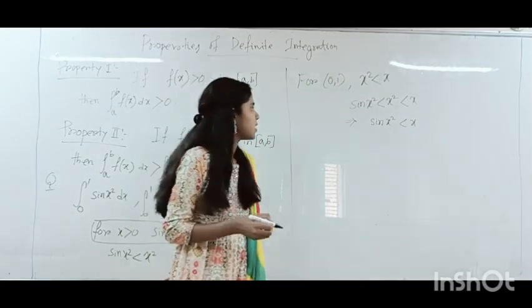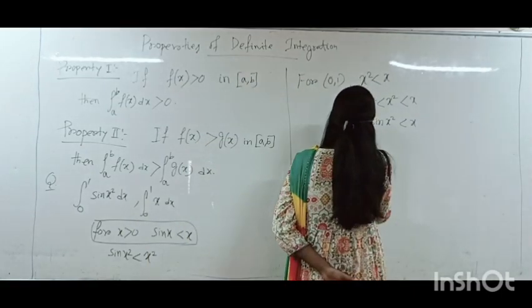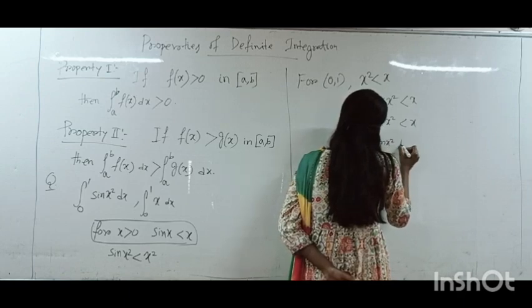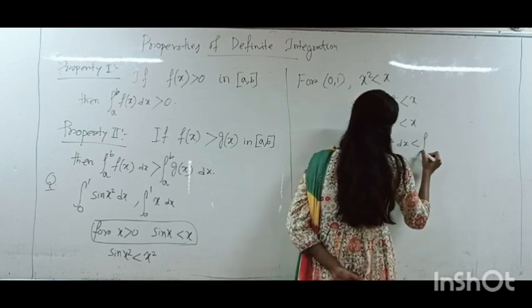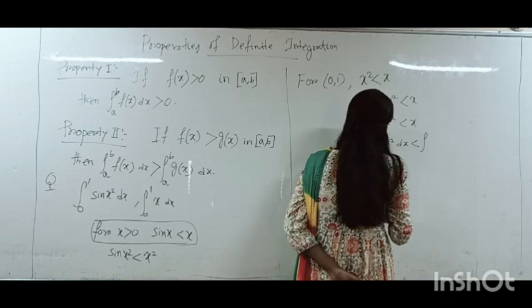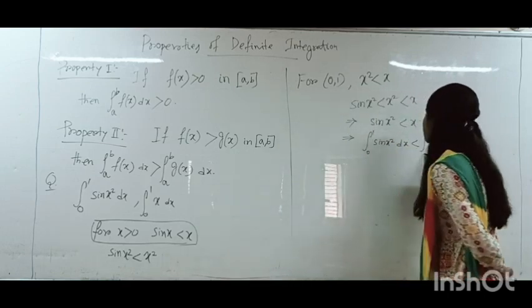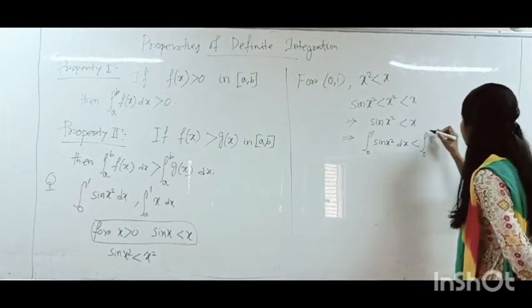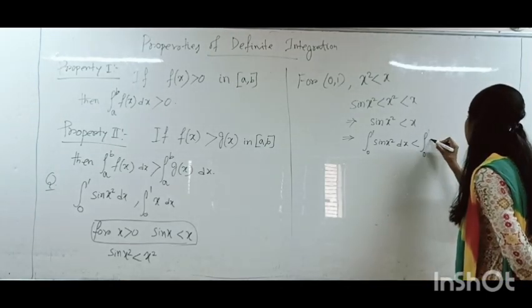Now we can integrate both of the sides. Integration of sin of x square dx is less than the integration, what is our limit here? 0 to 1, so we will put 0 to 1 of x.